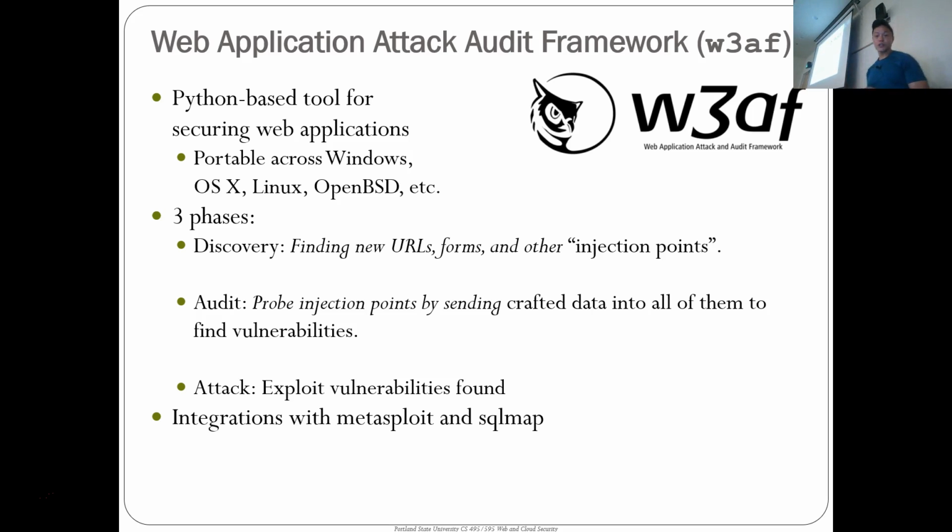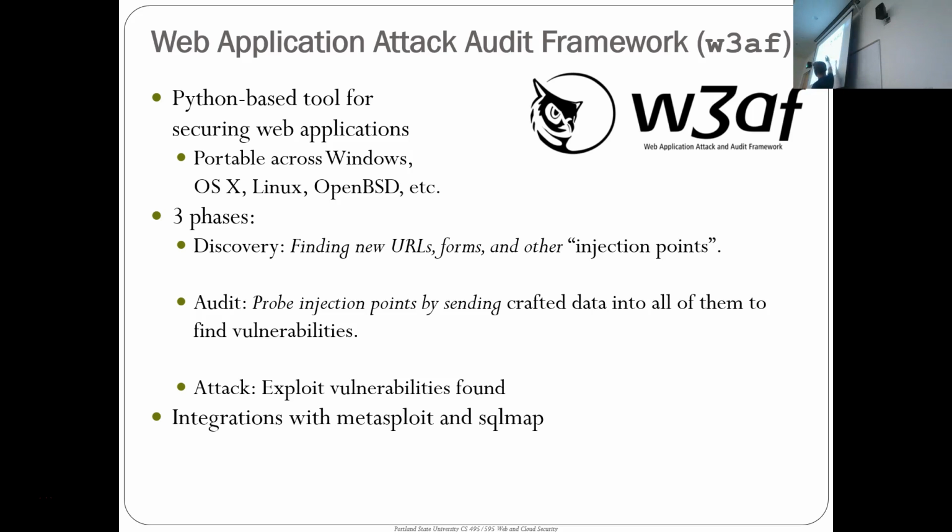Another tool that you're going to use is W3AF. This is the Web Application Audit Framework. It's a larger Python tool, basically a suite of tools. There are 3 phases when you're using W3AF. There's a discovery set of things where you're trying to figure out what URL to attack.